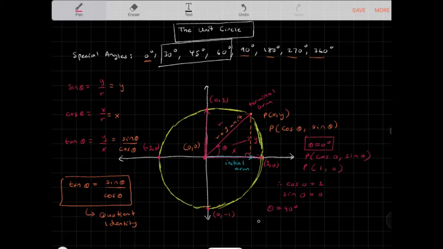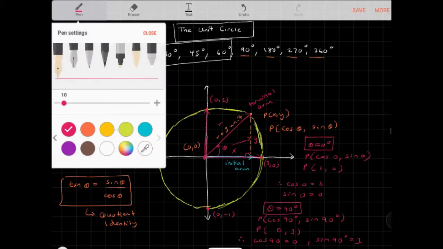This would be relative to the angle cosine 90 degrees and sine 90 degrees, and also related to its point in x and y coordinates, 0 and 1. So cosine 90 is equal to 0 and sine 90 is equivalent to 1. Okay, so those are the values for cosine 90 and sine 90.